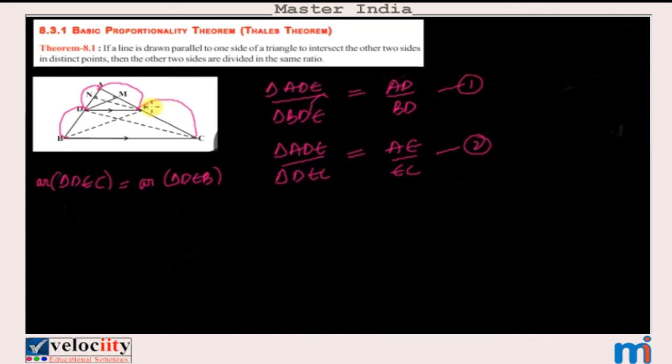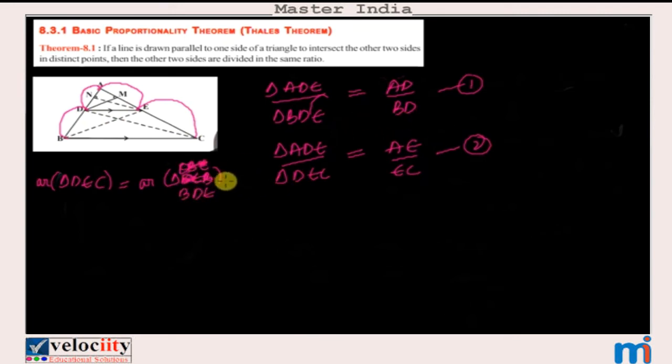So the areas of DEC and DEB should be equal. DEB, I can write it as DBE also, or BDE also. Now what do you see?